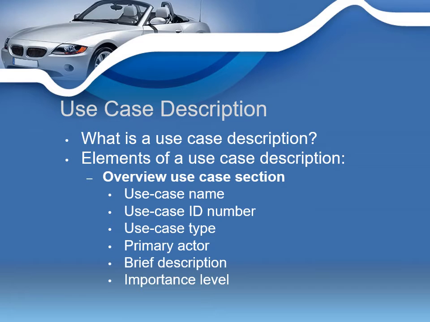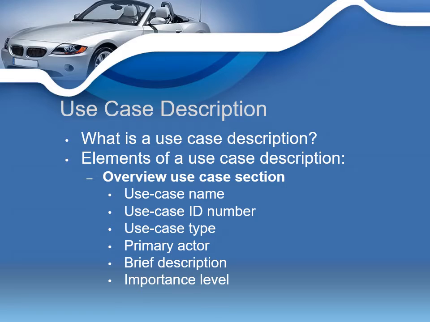A use case description is a text-based narrative of a functionality comprised of detailed interactions between an actor and the system. It describes the outcomes of an action taken to accomplish a specific goal. A use case description can be broken down into 2 sections, the overview use case section and the detail use case section.